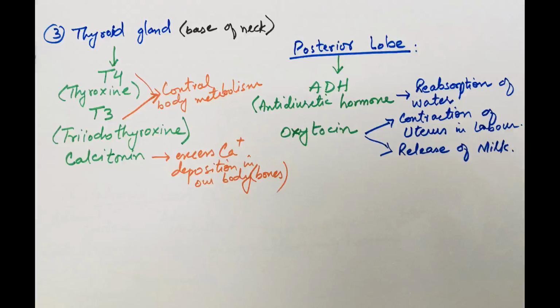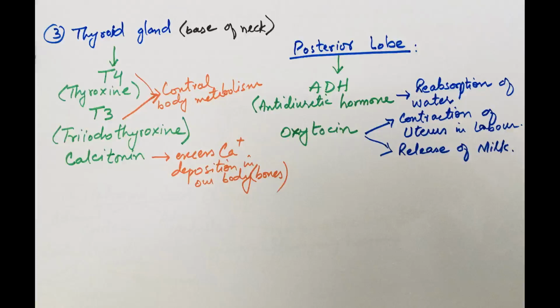Then there is another hormone, oxytocin. Oxytocin is responsible for basically two functions. Number one, it is responsible for contraction of the uterus in labor. During delivery of the baby, oxytocin is released so that the uterus contracts and the baby can be delivered, right?